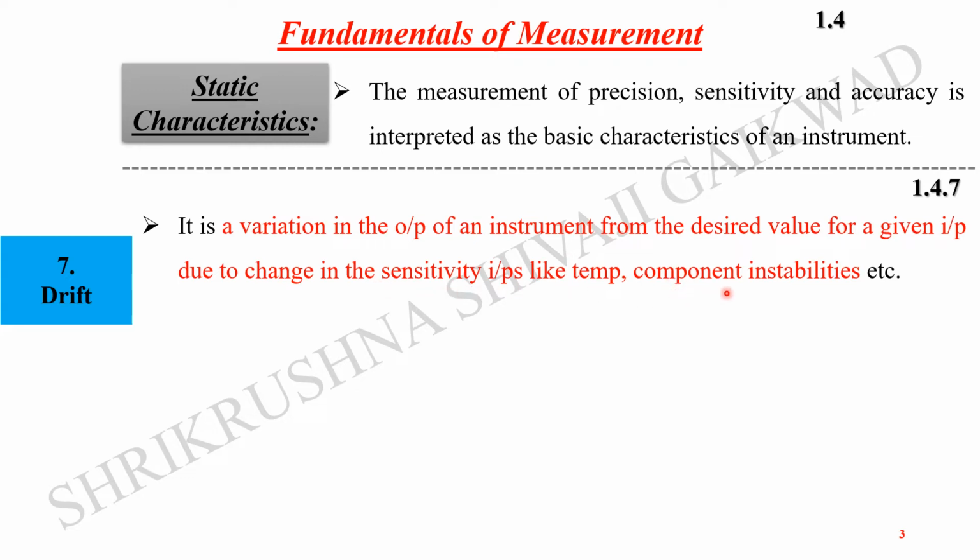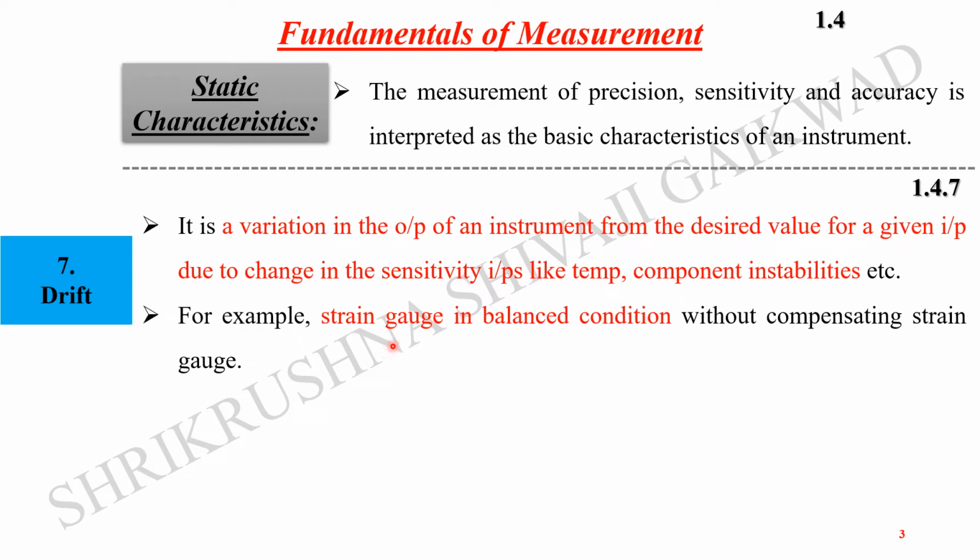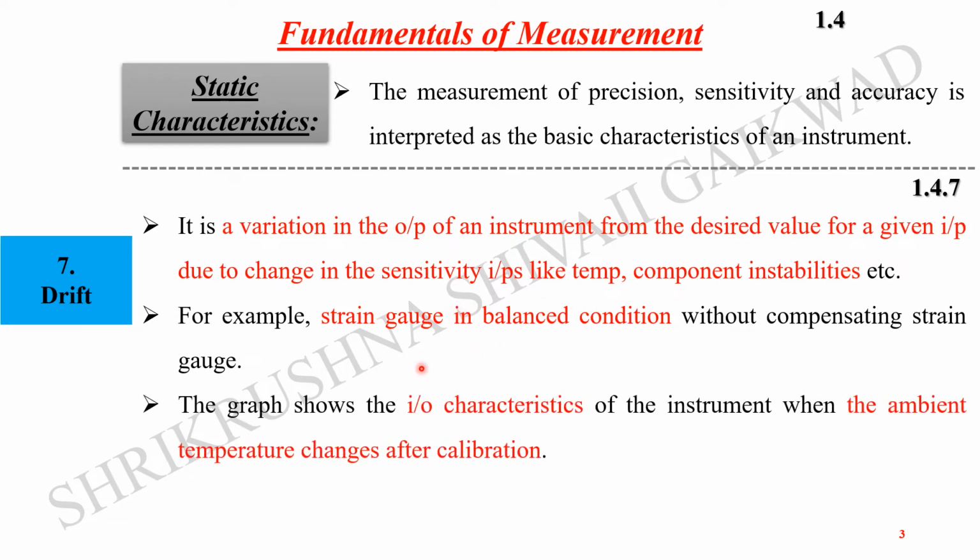Even the components become unstable, so the output will not be what we expect, and this gives us the drift in the measurement. For example, a strain gauge in a balanced condition without a compensating strain gauge. If we don't have the compensating strain gauge, the strain gauge will not be in the balanced condition, and obviously this will give us some drift.